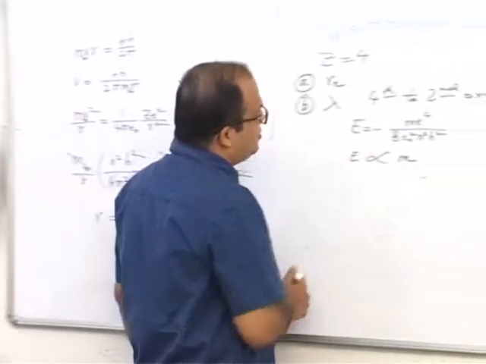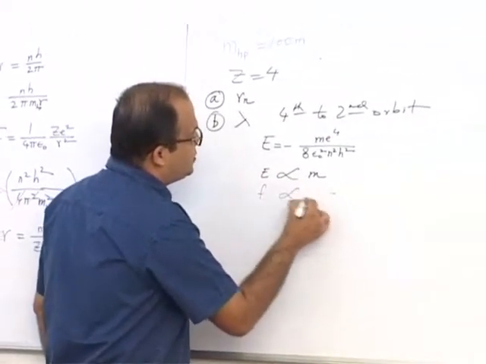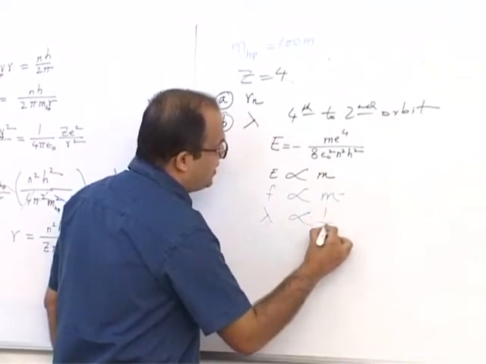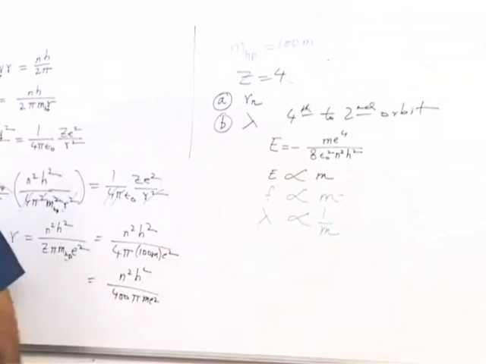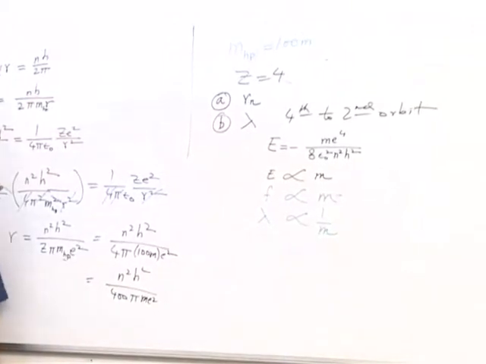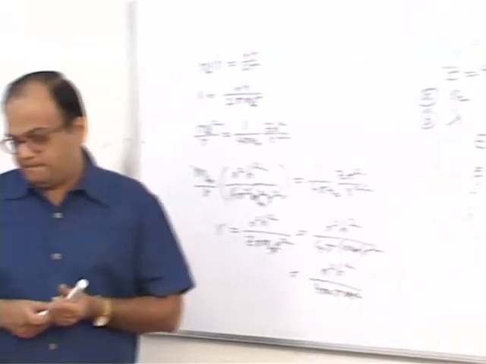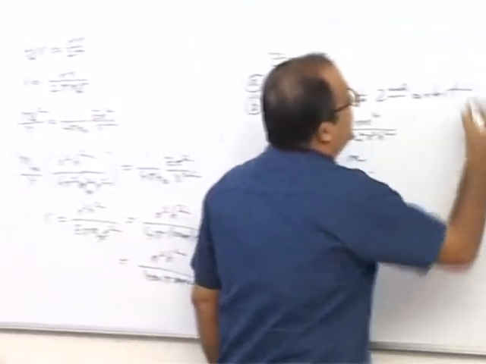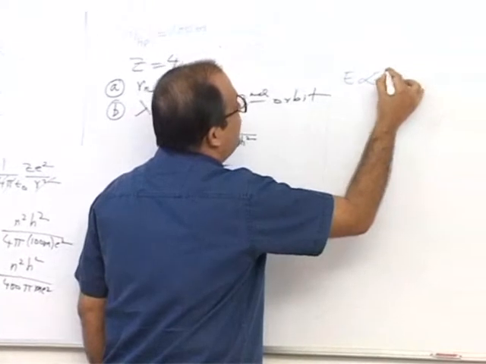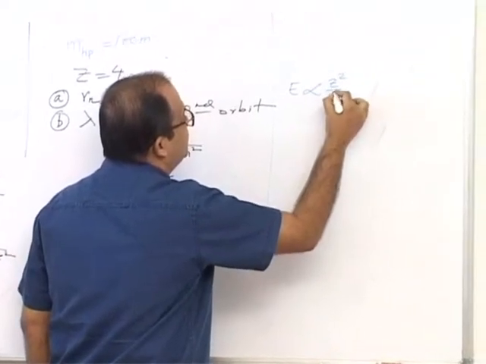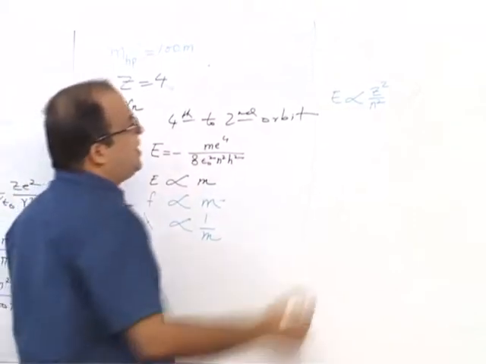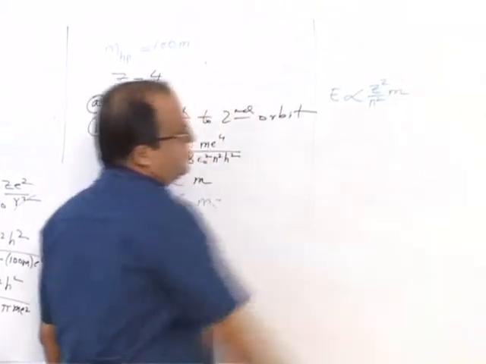If energy is proportional to mass, the frequency is also proportional to mass. So wavelength becomes inversely proportional to mass. So E is proportional to Z square by n square. It is also proportional to mass, so you can put m here.